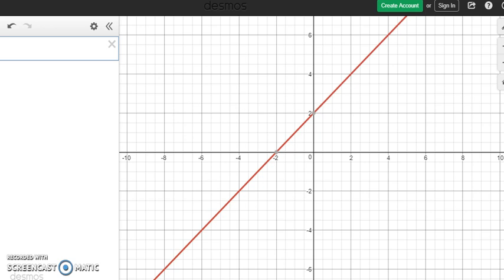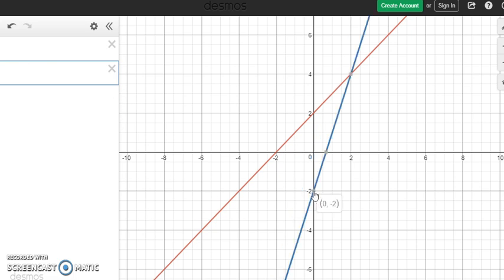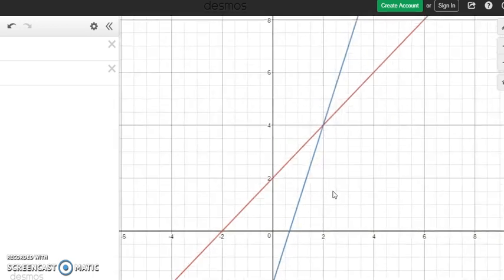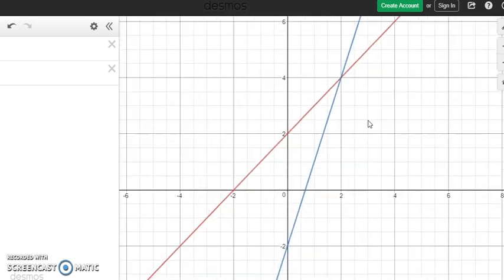And then the second equation is y equal to 3x minus 2. The y-intercept is minus 2, at (0, minus 2) here, and our slope is 3, so we go up 3 units, 1, 2, 3, and go to the right 1 unit, which is over here.